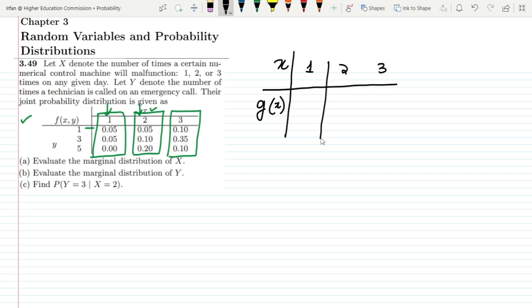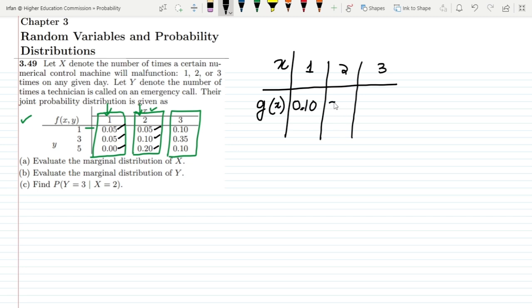These are the values, and for their corresponding marginal distribution, I have to add them together. So here I will have to add 0.05, 0.05 and 0.00. So adding them all, for x equal to 1, I will get 0.10. Similarly for x equal to 2, I have to add 0.05, 0.10 and 0.20.